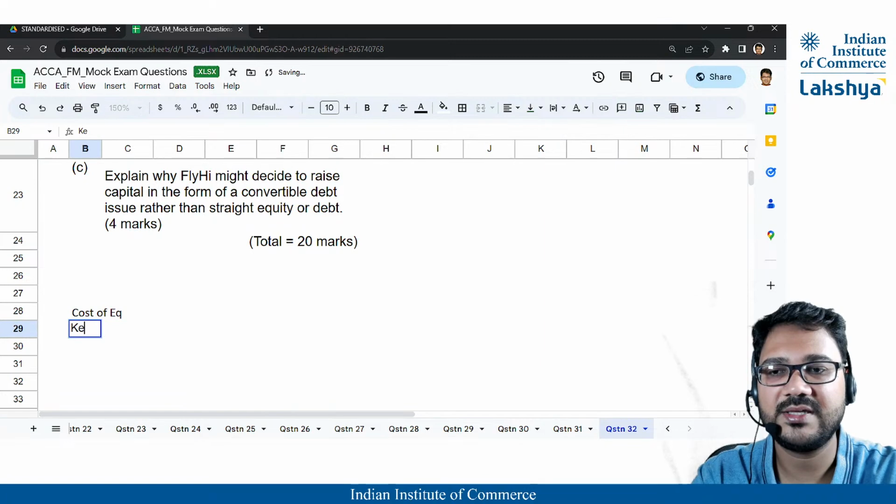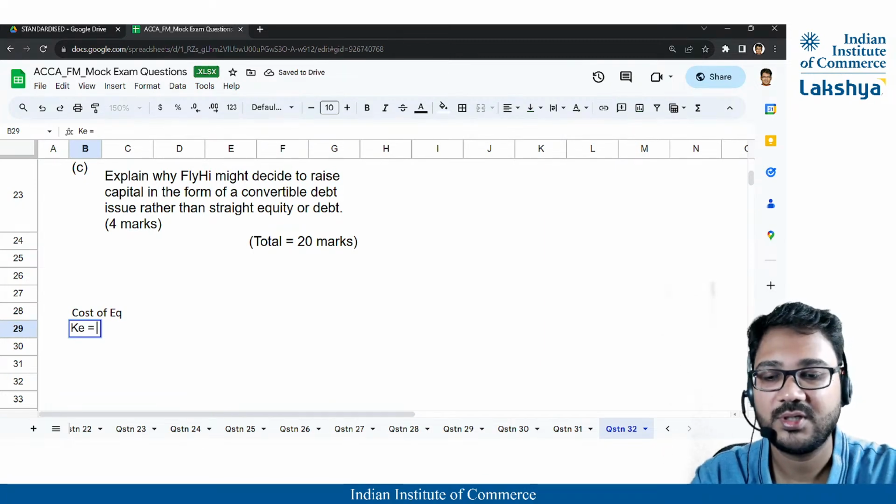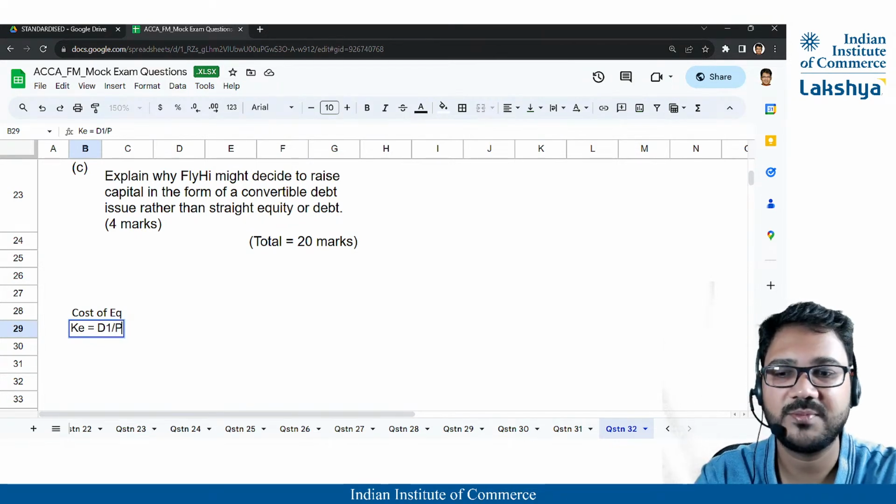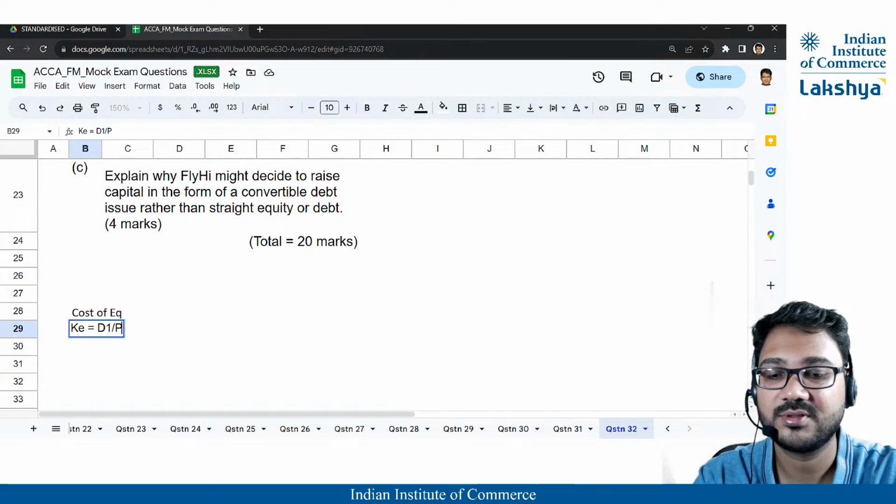All right. So Ke is equal to D1 divided by P0, plus g.